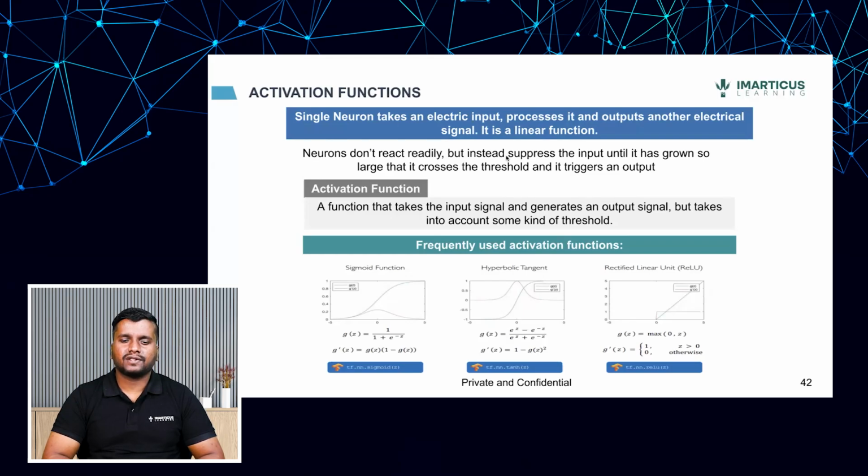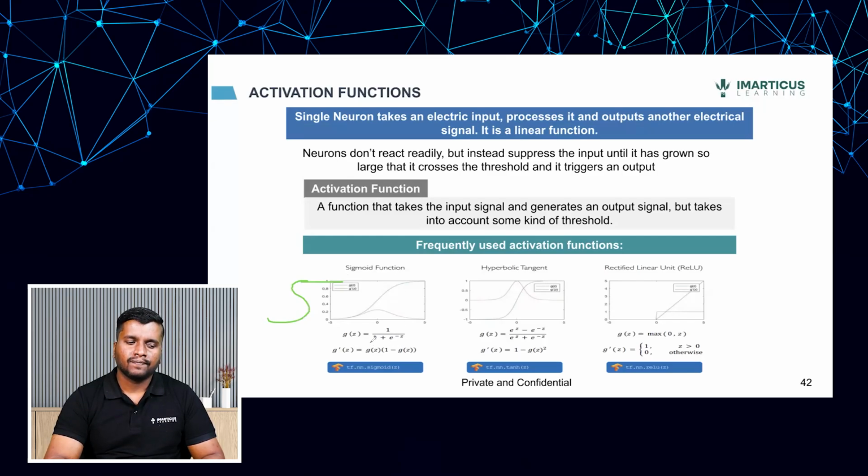For an activation function, it may also require a certain threshold value so as to process the data based on that function. The first activation function that we are going to see here is sigmoid. The sigmoid activation function is similar to the logistic regression function, and the objective of this function is to get the data into a sigmoid pattern, an S-shaped curve. The sigmoid activation function gives two values, either 0 or 1.